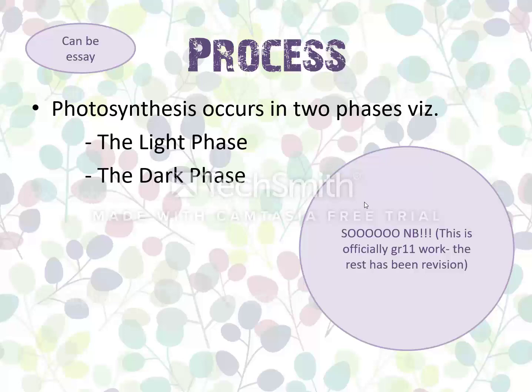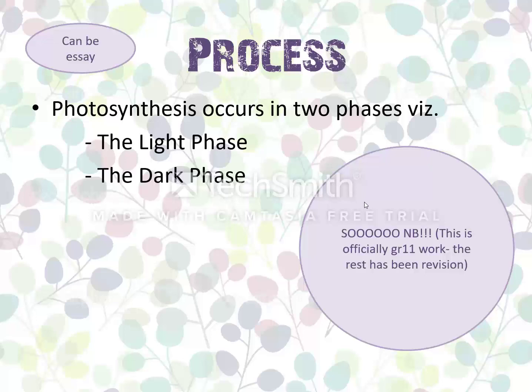What it does mean is that the light phase can only occur when there is radiant energy, whereas the dark phase will occur regardless of the availability of radiant energy. So the light phase will only happen if there's sunlight, radiant energy. The dark phase will happen if there's light or not.